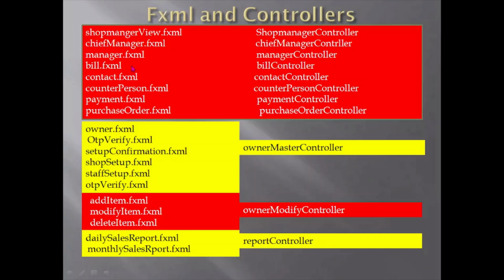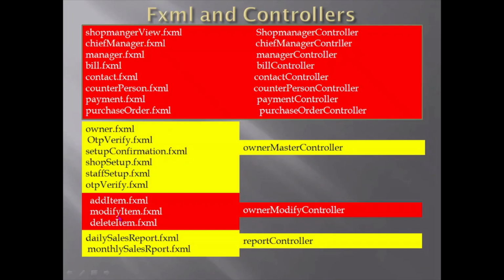So these are the fxml files which individually are parented with these controllers. This complete combination of owner related fxml files has a single controller. Of course you can make a number of controllers too. For the purpose of making it easy, I've just given one controller.